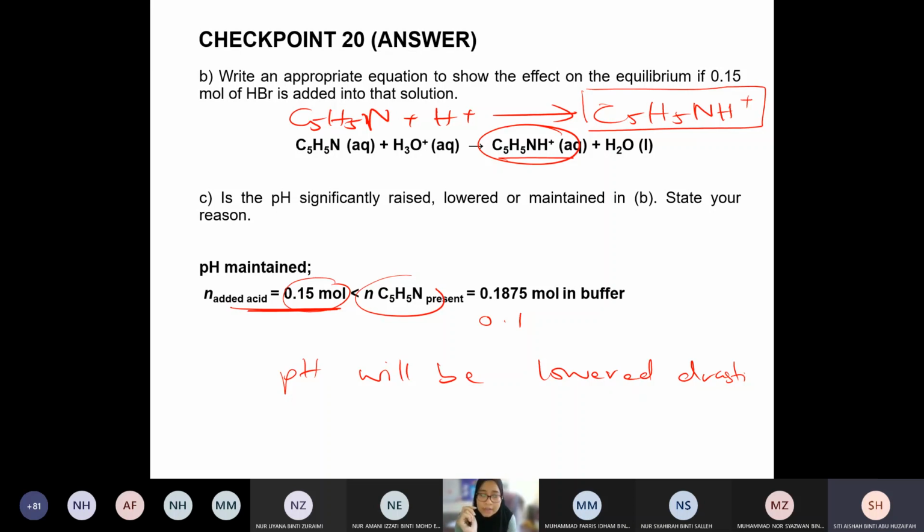Okay, itulah maksudnya kebolehan buffer. Maksudnya maintain, it has the ability to maintain the pH. So dia jangan lebih daripada, kalau this one is less than 0.15, definitely the pH will be lower. This is with subject to H3O+. Kalau OH- yang masuk, dia opposite. Dia the other way around. Okay? Right. Lagi? Any question? Any other question?